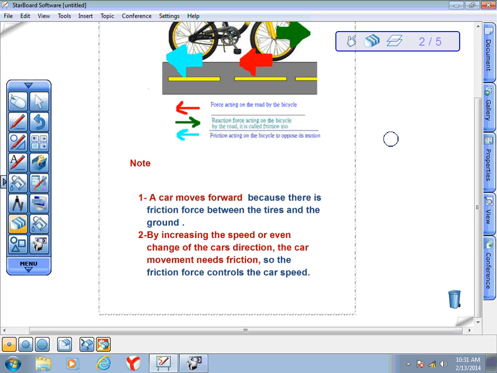Of course, we know that a car moves forward.